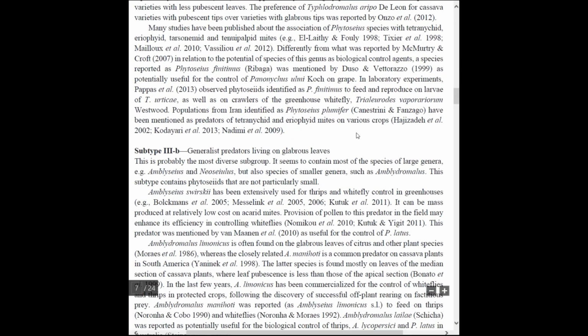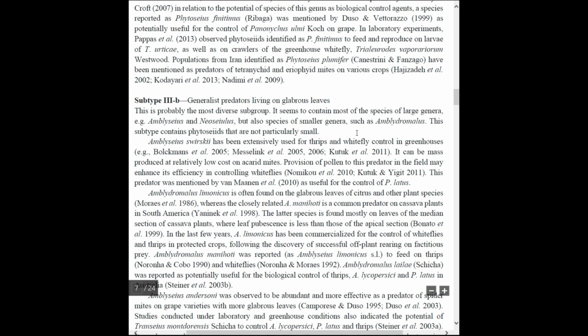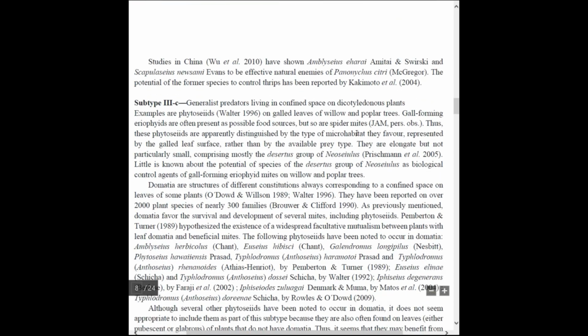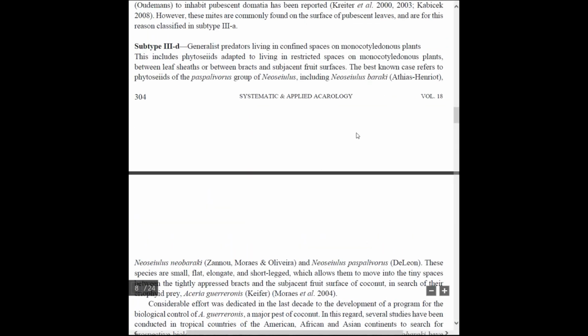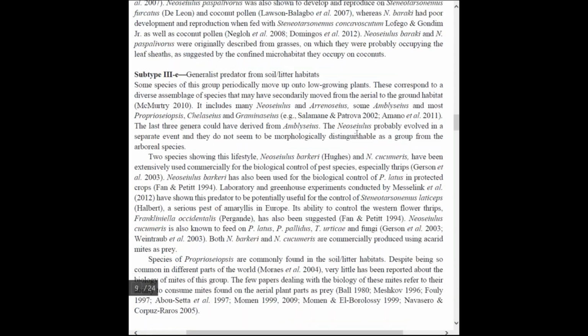Subtype 3B are generalist predators living on smooth or glabrous leaves. And on type 3C, we have dicotyledonous plants, and 3D are monocotyledonous plants, and 3E are generalist predators from the soil and litter habitats. So these are all different microhabitats.